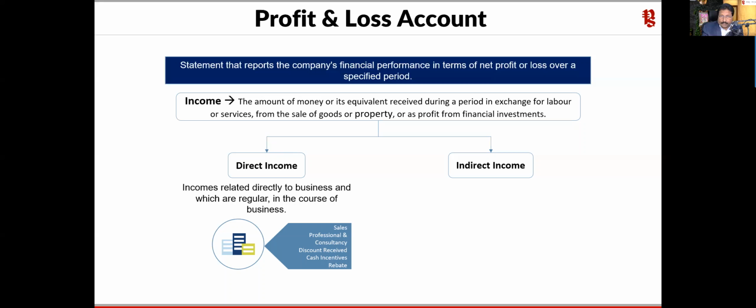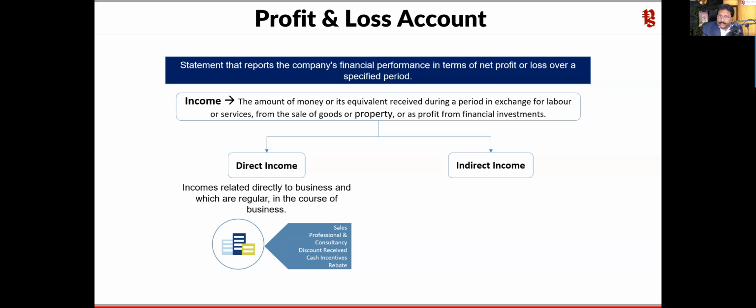Now, the interpretation is very important here. You receive this discount due to your main business activities, so it is considered a direct income.